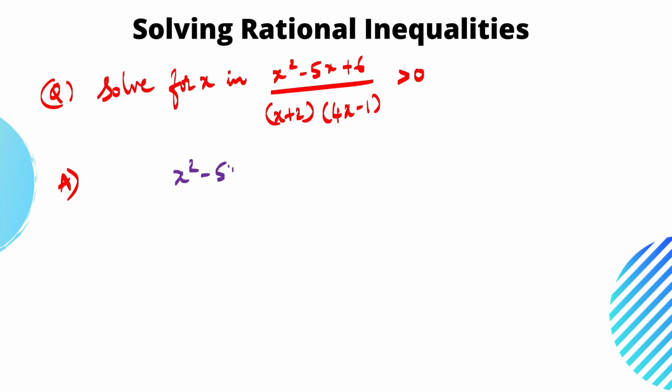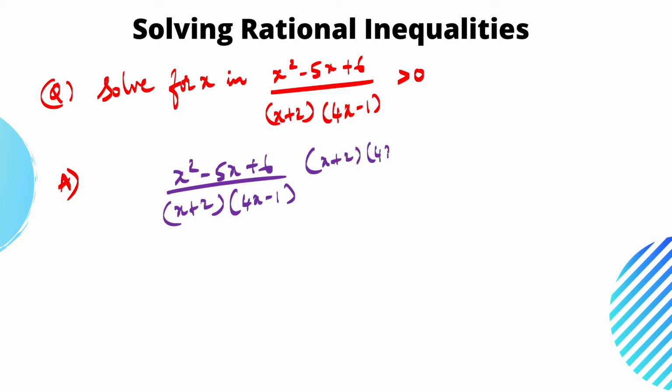x square minus 5x plus 6 by x plus 2 into 4x minus 1. So we shall multiply this with the numerator as well as the denominator, 4x minus 1 by x plus 2 into 4x minus 1. So this will be greater than 0.